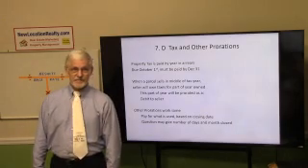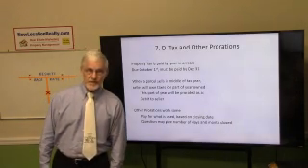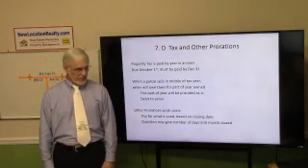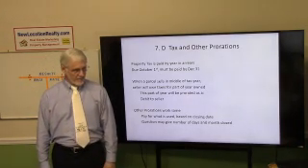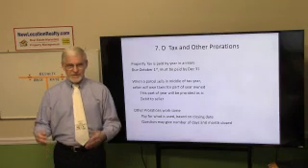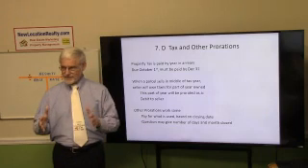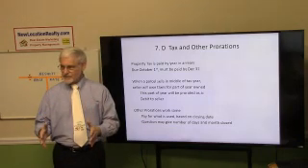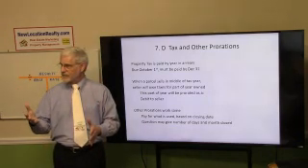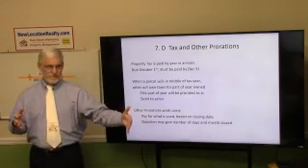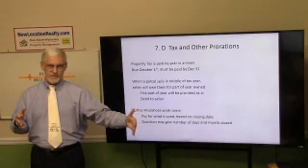Property taxes. Property taxes are confusing, to say the least. The property tax people can't tell you how they work. Like right now, if you closed a deal right now, this is the 3rd week of February, where the taxes became due October 1st.